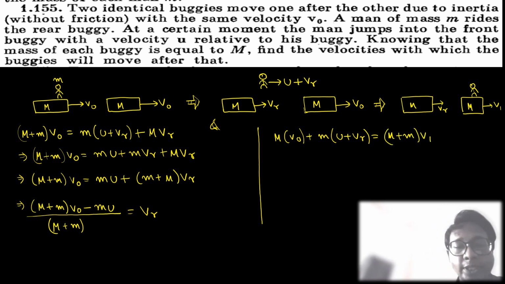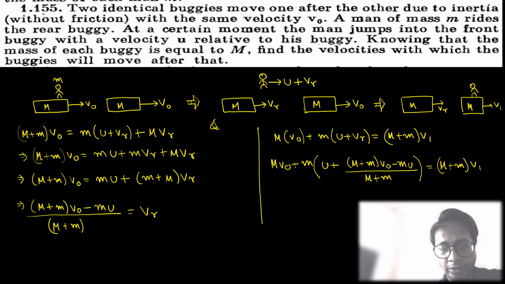Now what I need to do is substitute the value of vr from this position to this position, and I'll get the answer. So I've just substituted this value of vr here. Now if I multiply this u by M plus m, taking M plus m as common LCM, it will be capital Mu plus small mu. Now this small mu and this small mu will get cancelled.